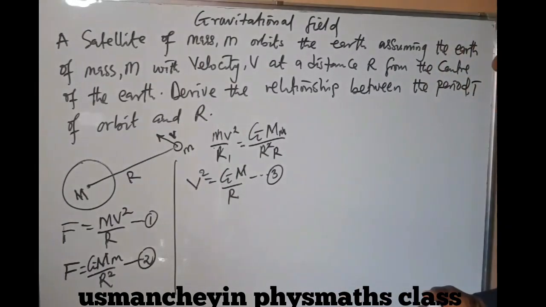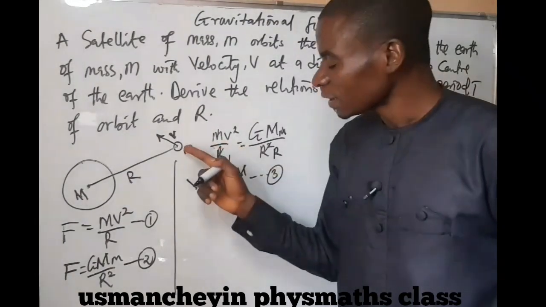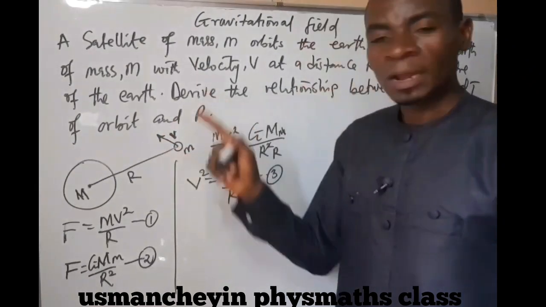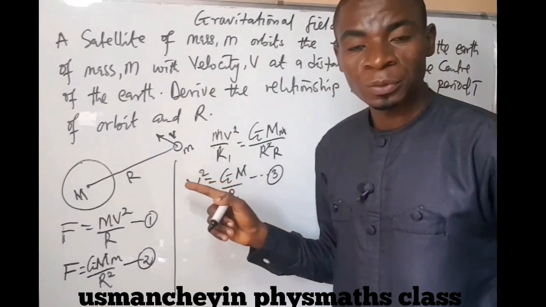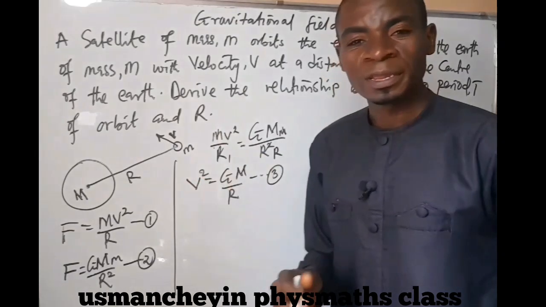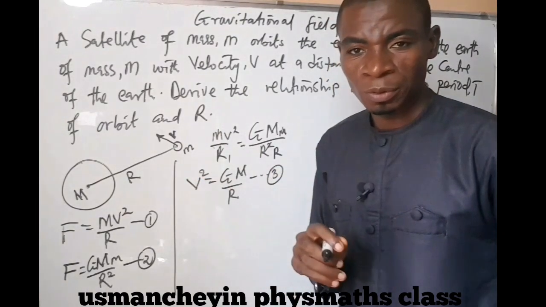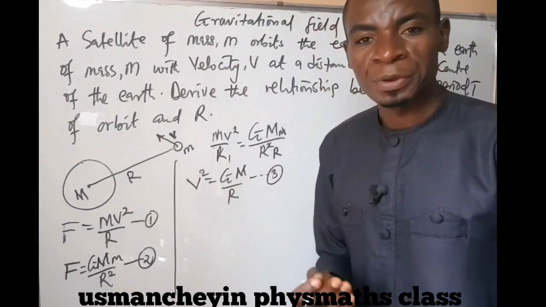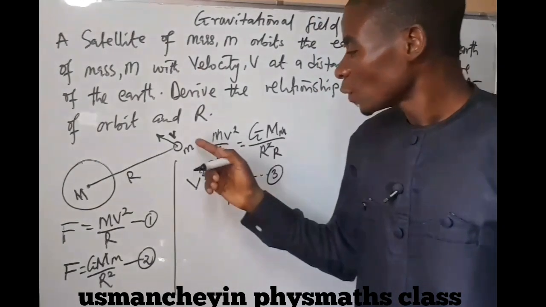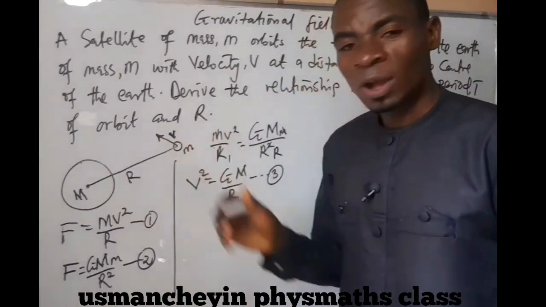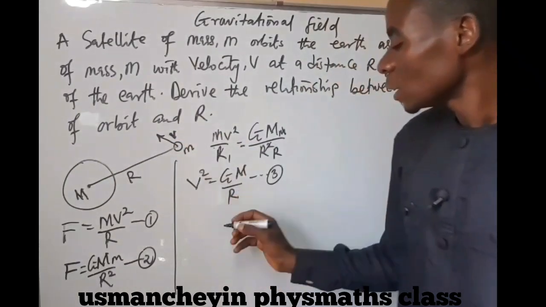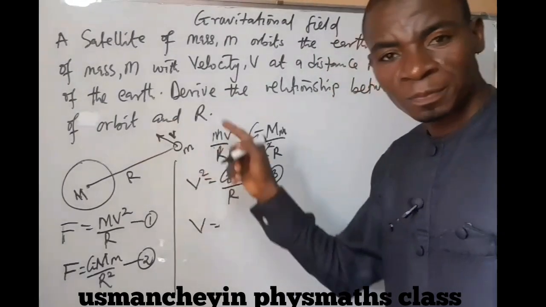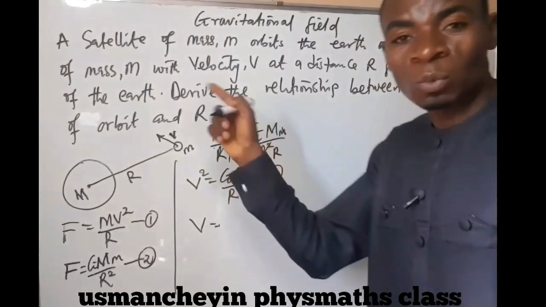So we will still proceed. If the satellite moves around and comes back to its original point, we say it has completed one cycle, and that is what is equal to a period. All right, so if a satellite completes one period, then the speed will be equal to the circumference all over the period, because it has completed one cycle.